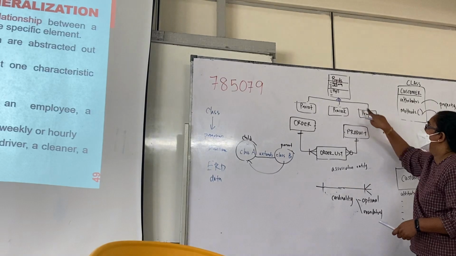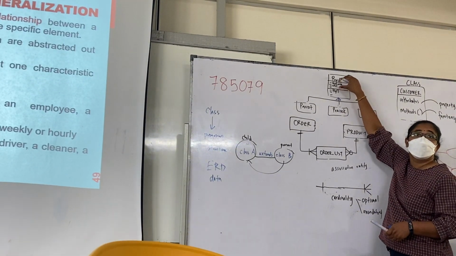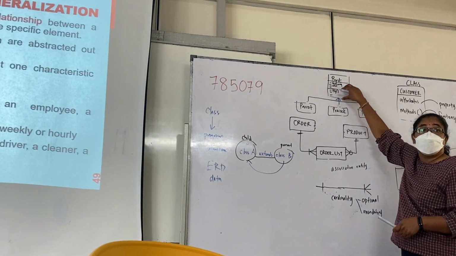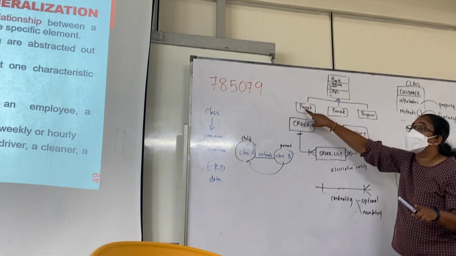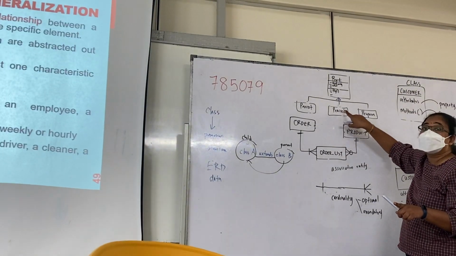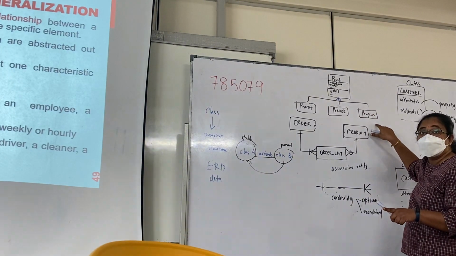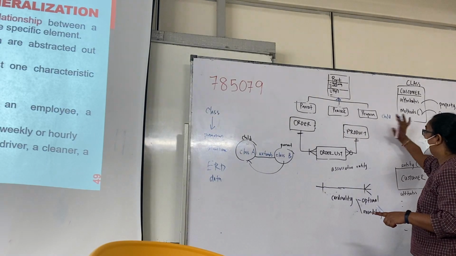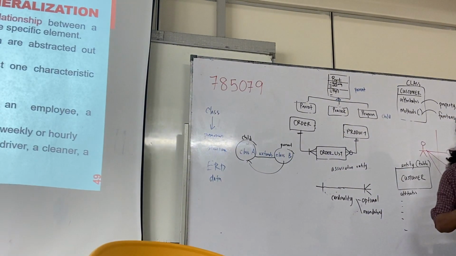Whatever basic attributes, whatever basic functions are in the parent class will be inherited by parrot, by peacock, and also by penguin. So these are children. This is the parent. You understand?